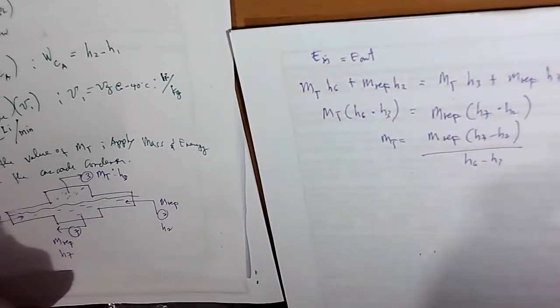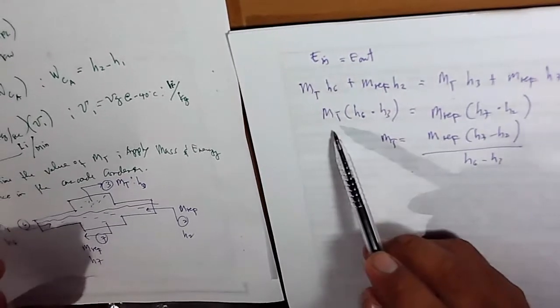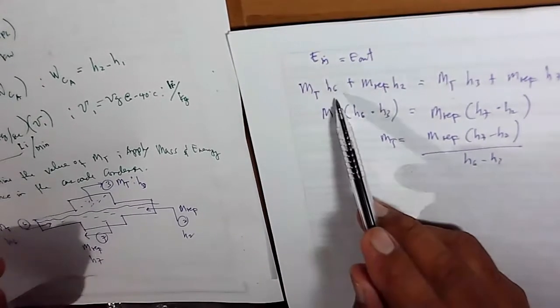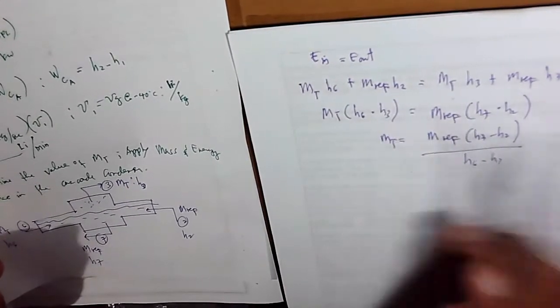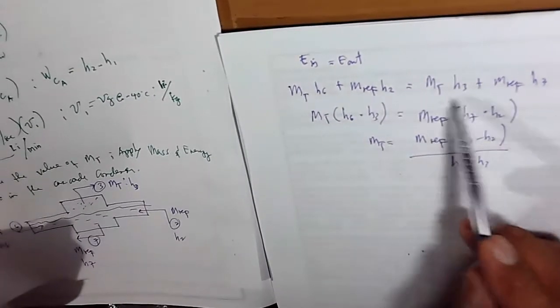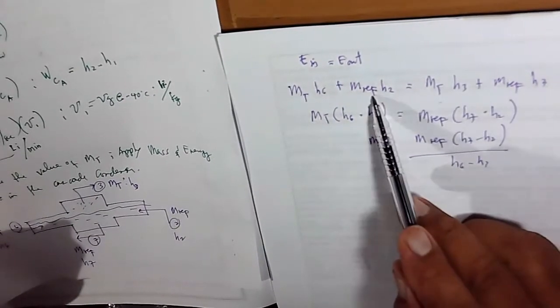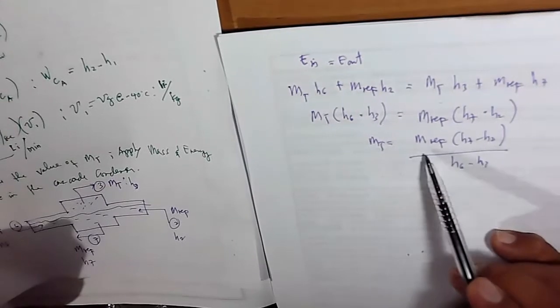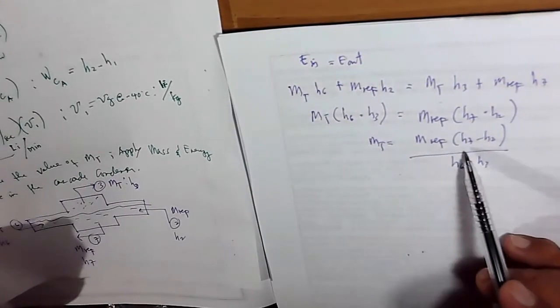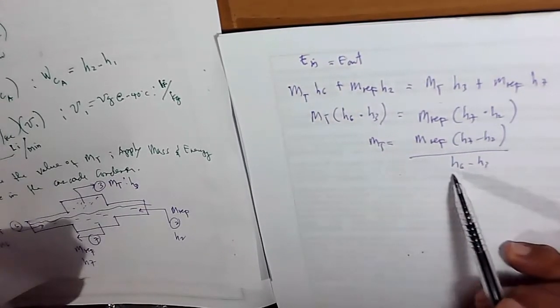Okay, so we have it here with mT H6, transpose this to the other side, H3, mREP H7, transpose this to the other side, we have H2. We have now mREP H7 minus H2 over H6 minus H3.